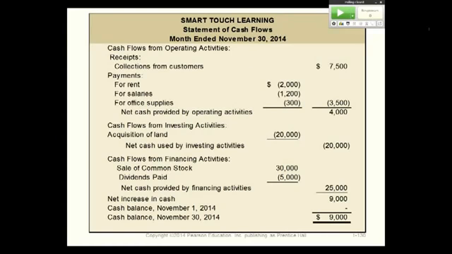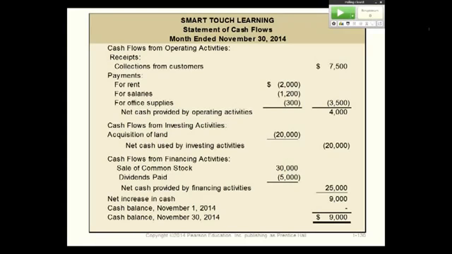All right. Now, the next two are pretty easy because these are cash expenses. So I'm going to give you the references. I want you to go back and make sure you look at them. The references are in transaction number 6, where you paid $2,000 for rent and $1,200 for salaries.